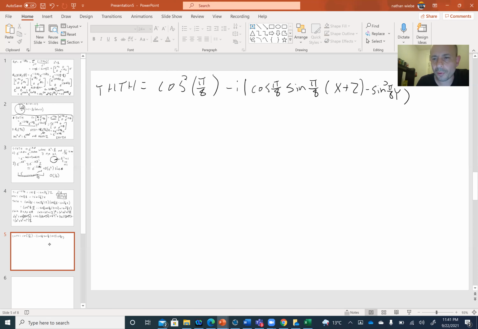Now, this operator is exactly of the same form that we had before.